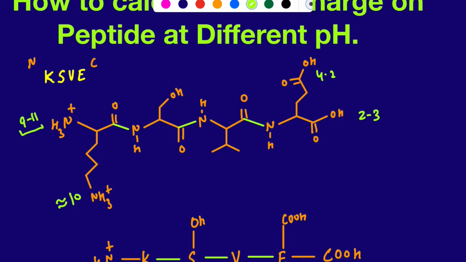It may not be exactly 4.2 because it's in the peptide now, but it doesn't really matter. We want to make sure we have the range as close as possible. Even if it changes from 4.2, it's not going to change to 7 or anything like that. It's probably going to be a few decimals off from 4.2.